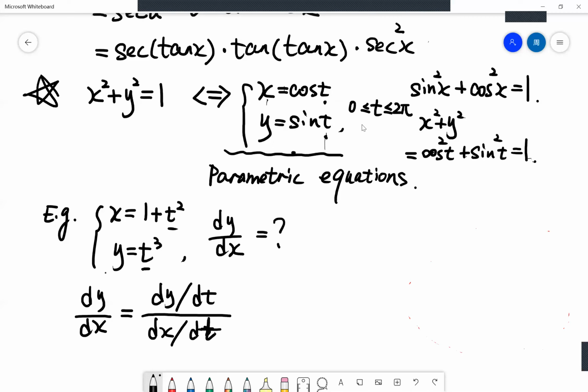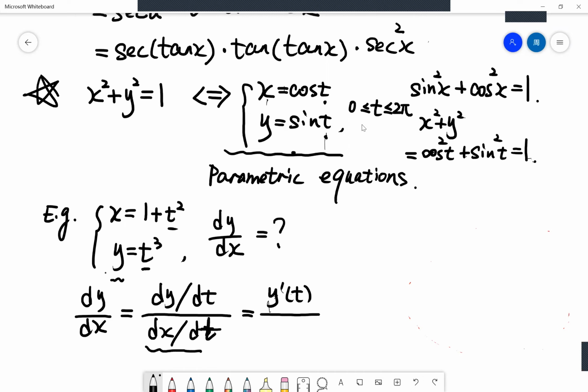Here dy by dt means the derivative of y with respect to t, so you can write y prime of t.